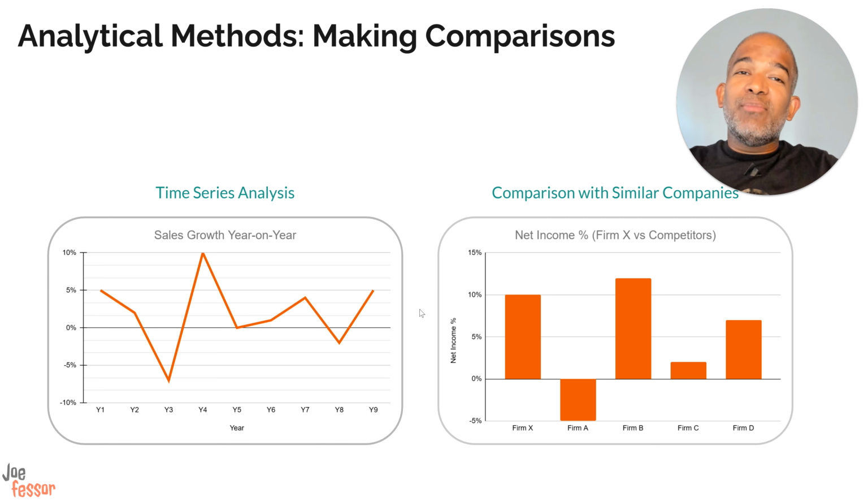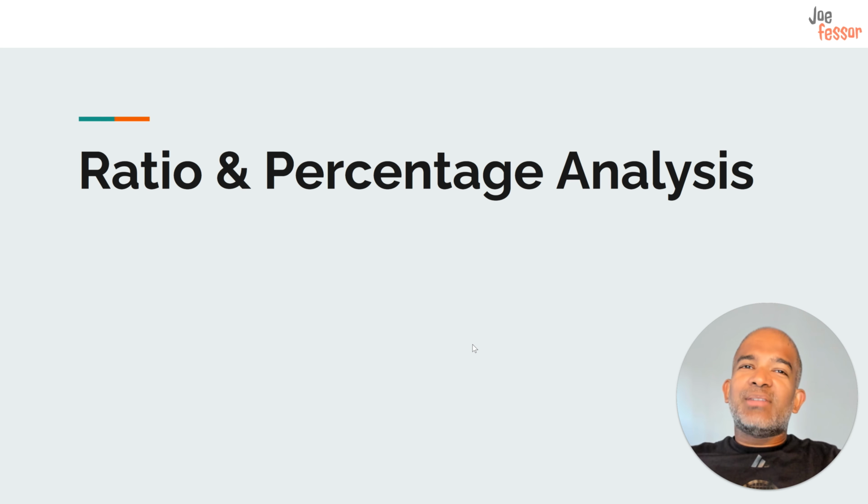Okay, these two frameworks, looking at a company's past and looking at its peers, are essential for all subsequent ratio analysis. All right, we are transitioning now to the analytical tools that financial professionals use every day, ratio and percentage analysis. At its core, a ratio simply expresses the proportional relationship between two different amounts.